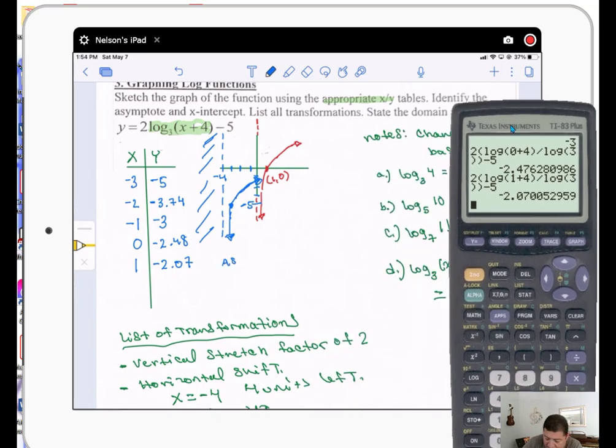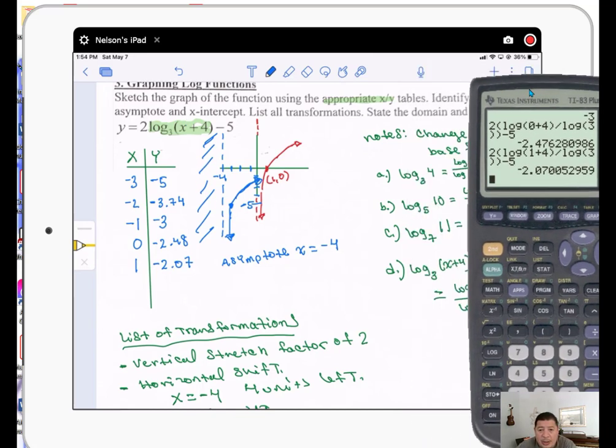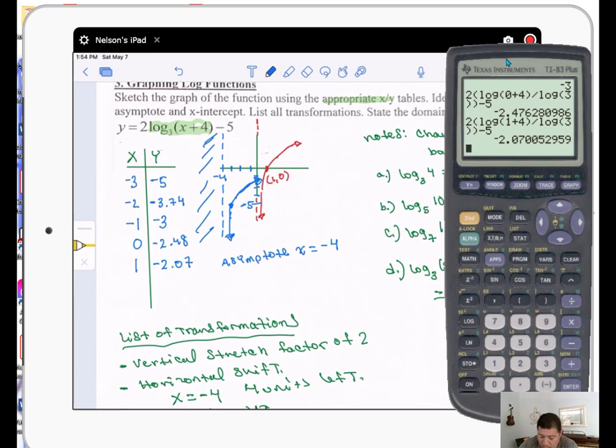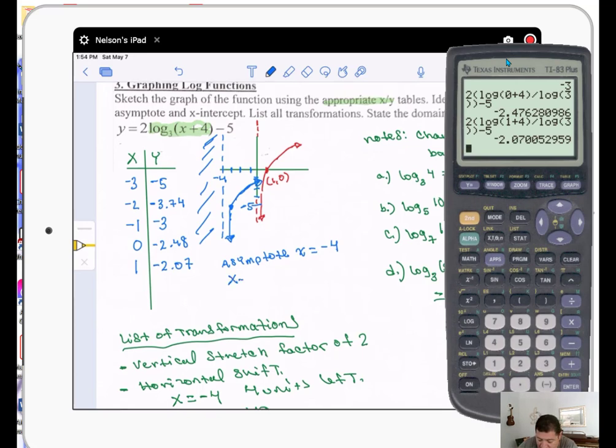The asymptote is going to be at x being equal to -4. We need to come up with the x-intercept. For the x-intercept, you know what? I'm going to have you tell me what the x-intercept is going to be.